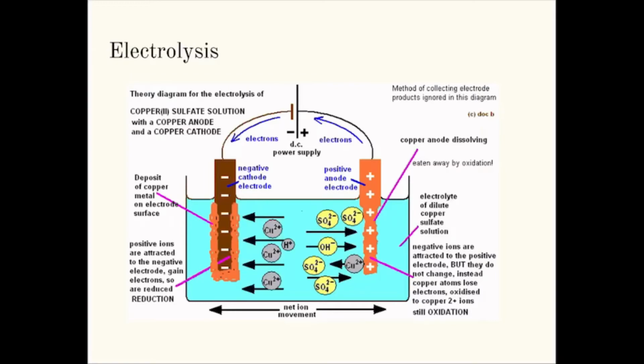In this example, ionic compounds conduct electricity when molten or in a solution. Electrolysis can be used to extract a more reactive metal from the ore.